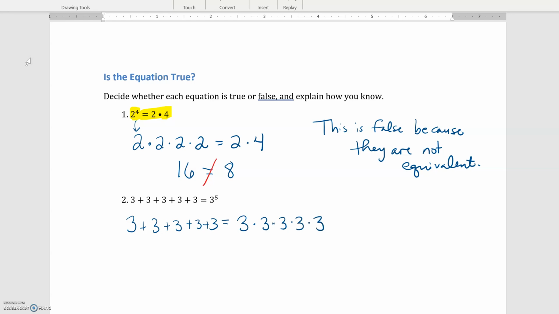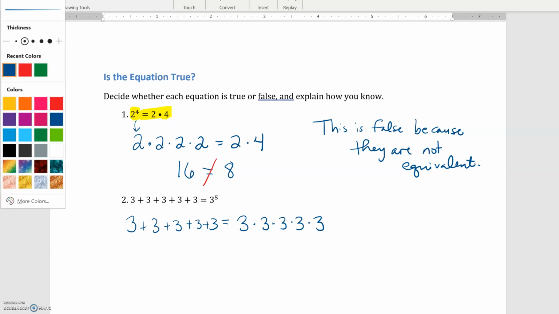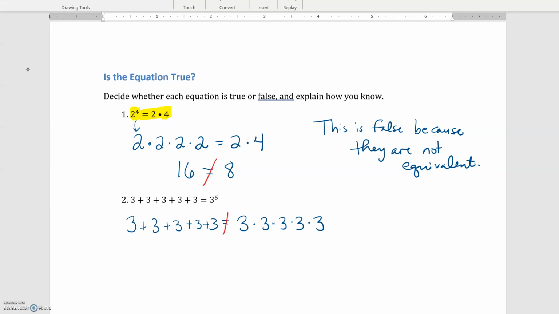And when I see this, without even doing the math, it's pretty obvious that 3 added to itself 5 times would be way smaller than multiplying 3 by itself 5 times. So I can conclude that this is also false, and again, it's the same reasoning, because they are not equivalent.